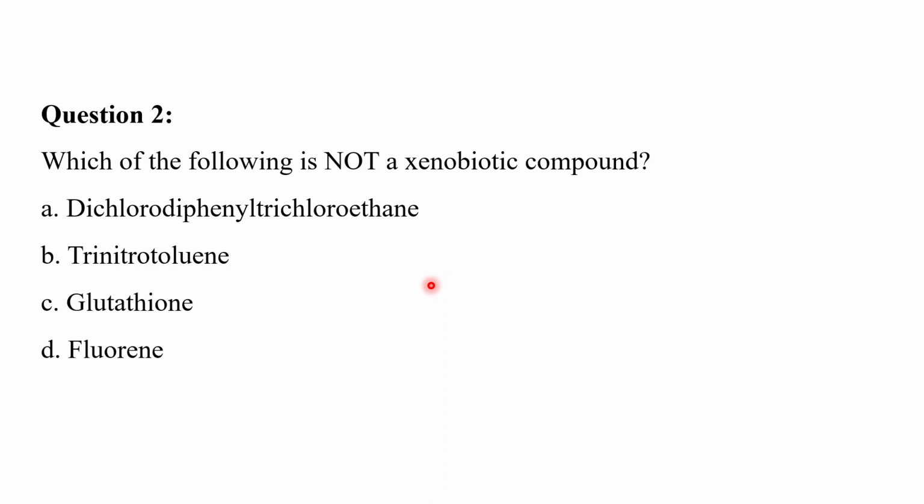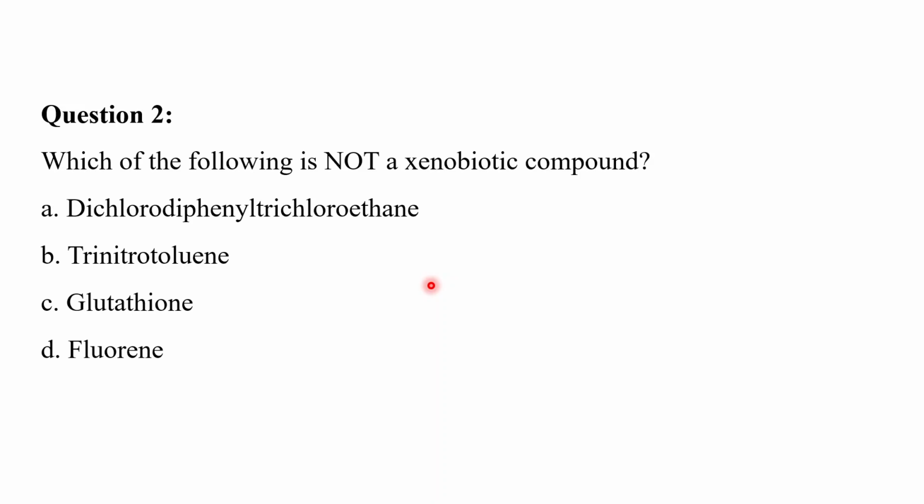So what is a xenobiotic compound? First we have to see. So xenobiotic compound is any compound which is not naturally present in the environment. It is basically a synthetic organic compound. So any compound which is synthesized in the lab, which was not present in nature.